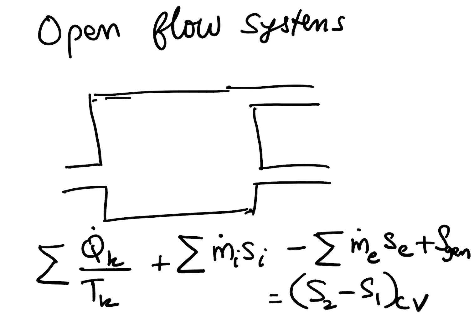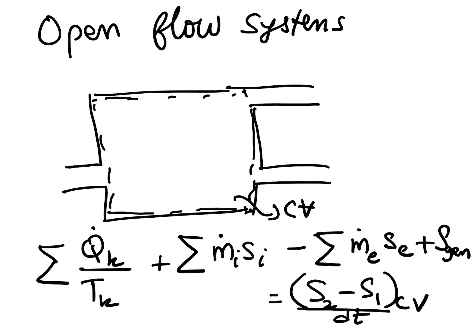So this being your control volume, the entropy change for the control volume is due to heat transfer, entropy of incoming fluid, entropy of the fluid that's leaving the system, plus the entropy generation within the system.